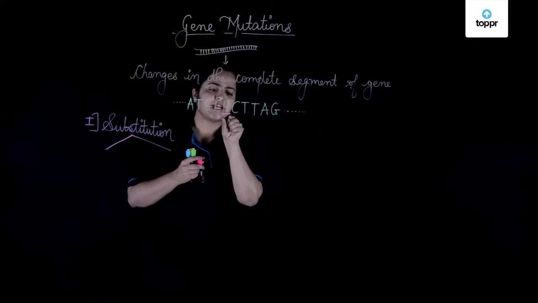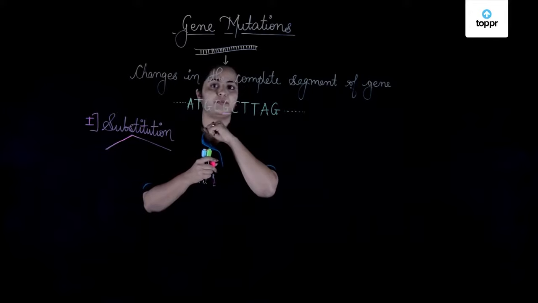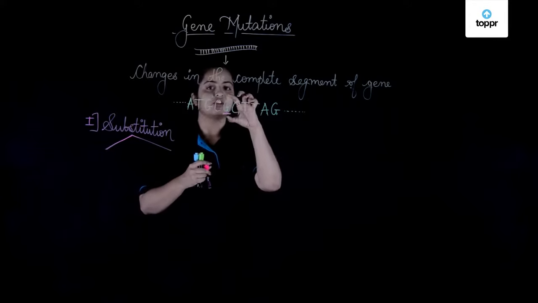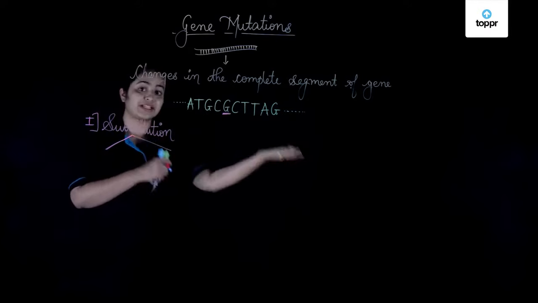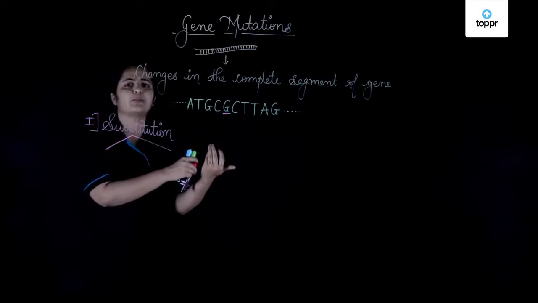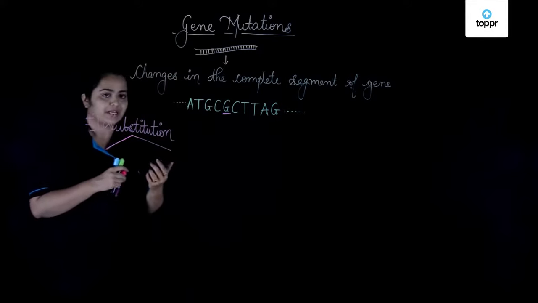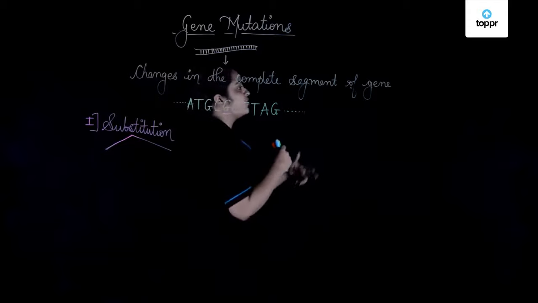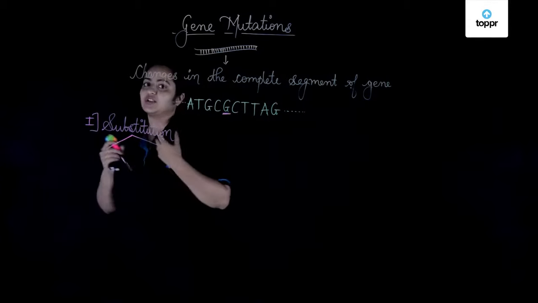What if this gets changed to a C? That means my purine gets changed to a pyrimidine, correct? So, purines changing to purines will be one type, purines changing to pyrimidines and vice versa. Pyrimidines changing to pyrimidines or pyrimidines changing to purines will be another type. Correct? So, two major types of substitution that we get are transition and transversion.